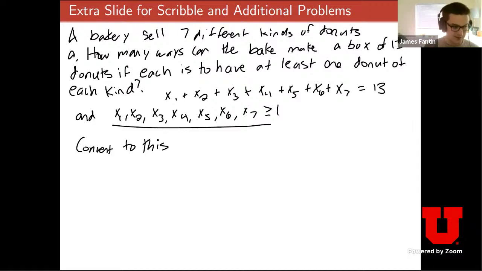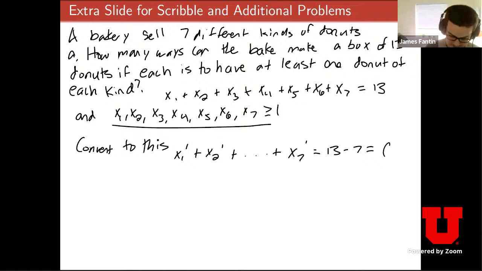The idea that we've gone over in class is to just put that many donuts for each of those 7 types into the bag first, and then convert it to a problem about finding non-negative integer solutions. So we convert it into this equation: x1 prime plus x2 prime plus up to x7 prime is equal to 13 minus 7, which is equal to 6.